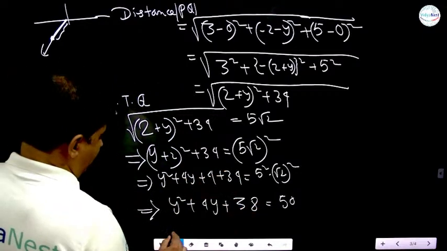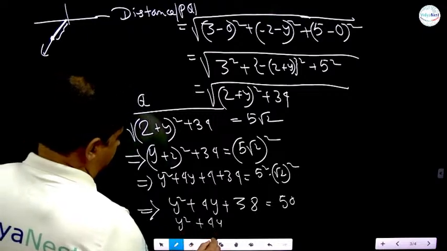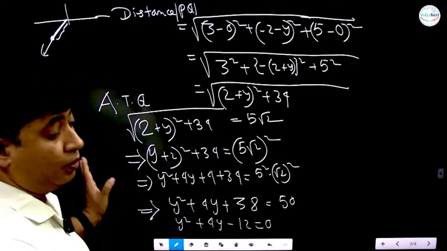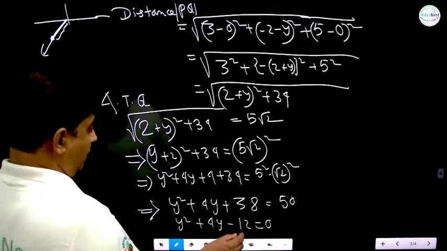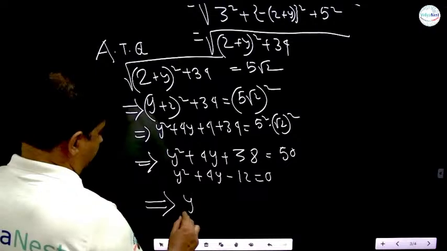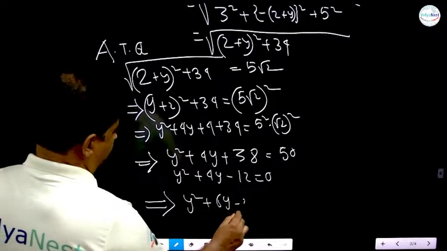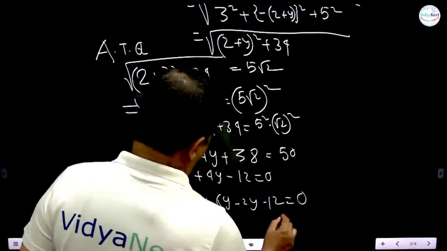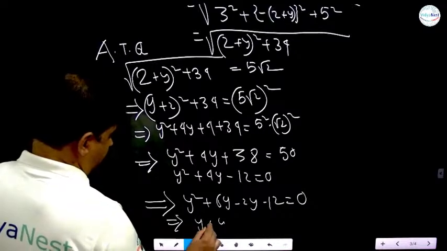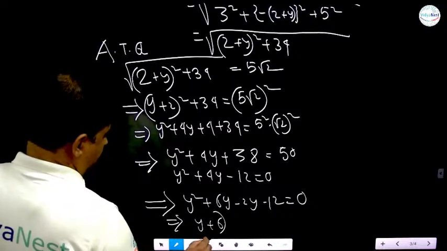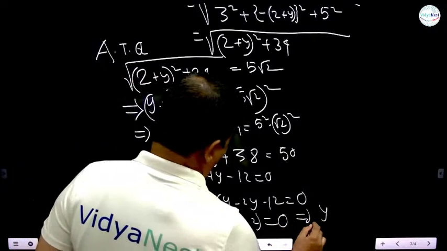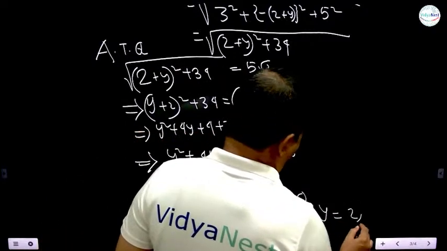Bring 50 to the left-hand side. Now if you wish, you can use the Sridharacharya rule or you can do it with factorization. So y will be either 2 or minus 6.